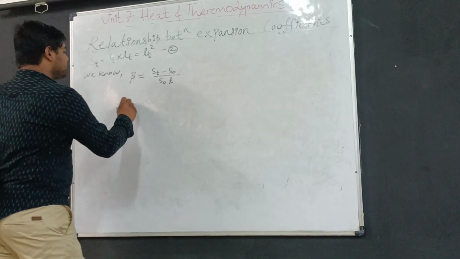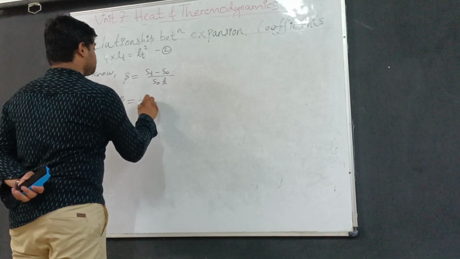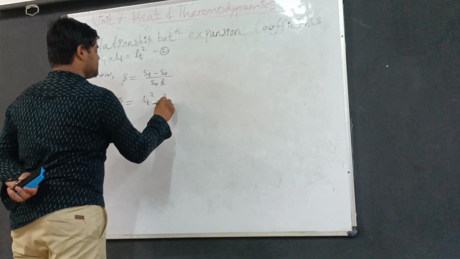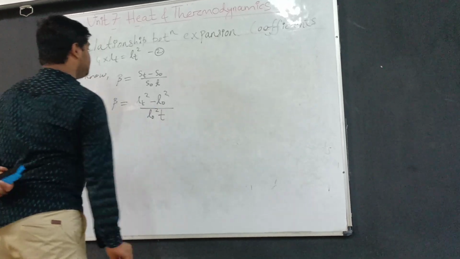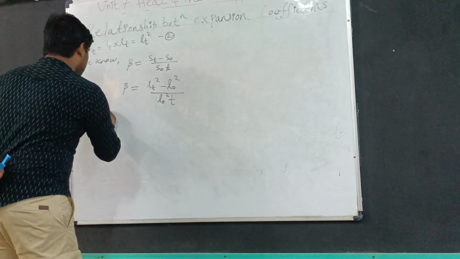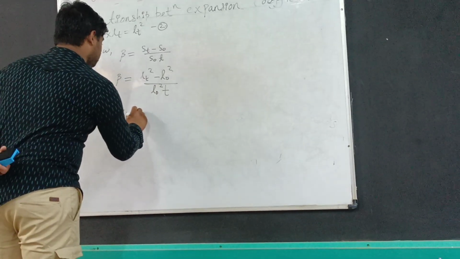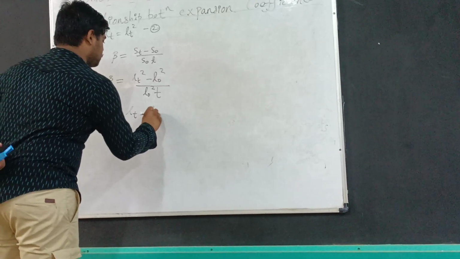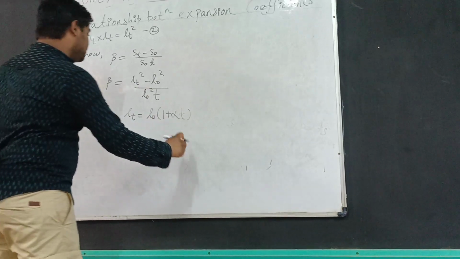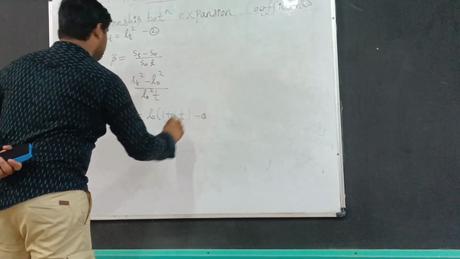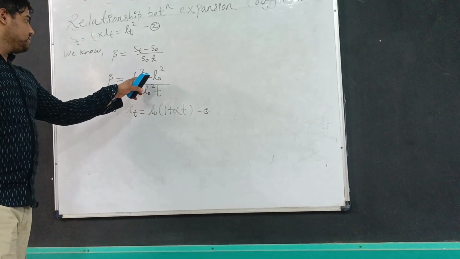So we will have beta equal to Lt square minus L0 square divided by L0 square into T. Now we know Lt equal to L0 into 1 plus alpha T. This we have derived earlier. Let this be equation number 3. Now we will substitute the value of Lt in the above expression.